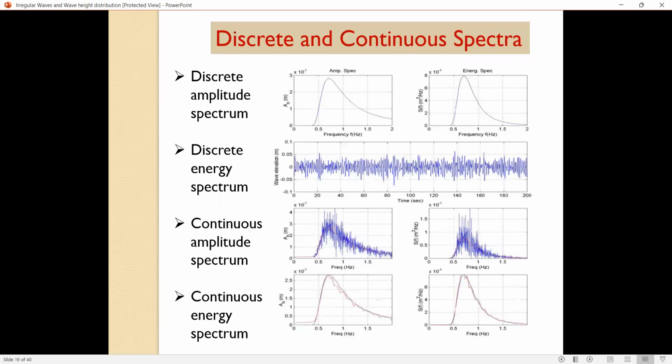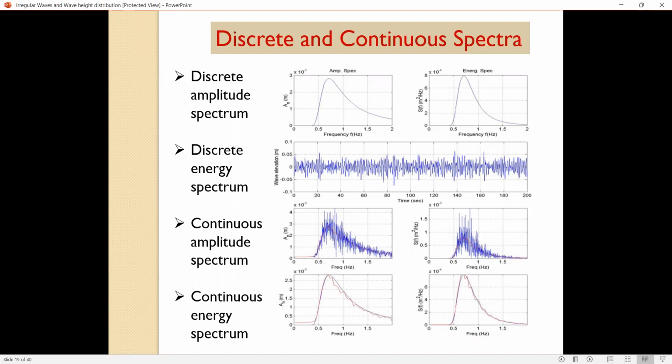So in this context, the concept of spectrum comes in. What we call the wave spectrum. The KL expansion is a different theory, and this concept has come only from there. It is an eigenvalue problem, and here I put the amplitude against the wave frequency, and if the data is discrete, I call this a discrete spectrum. If the data is continuous, I call this a continuous spectrum.